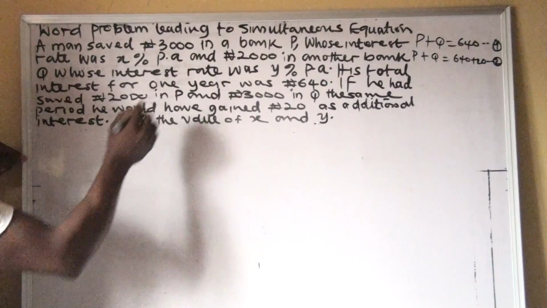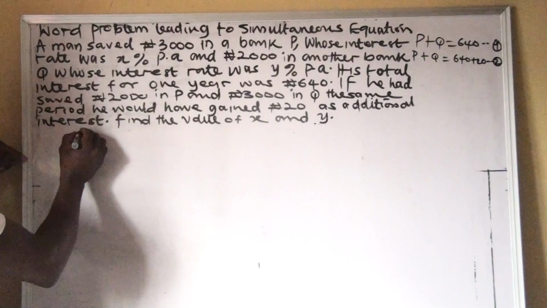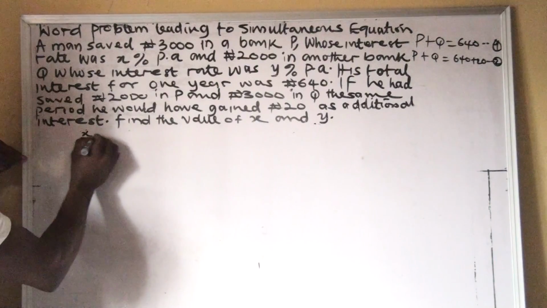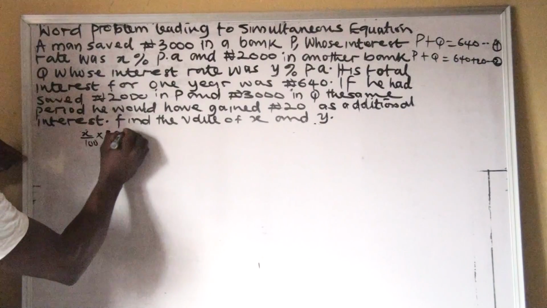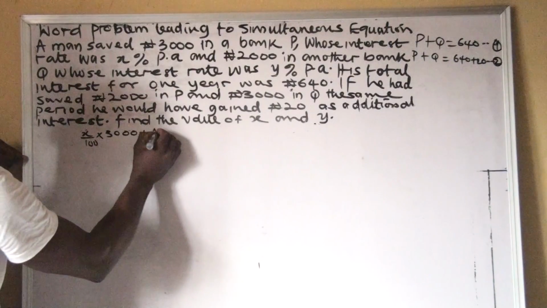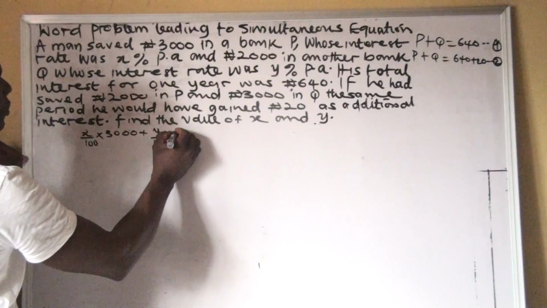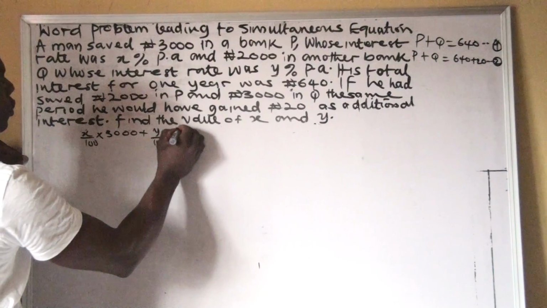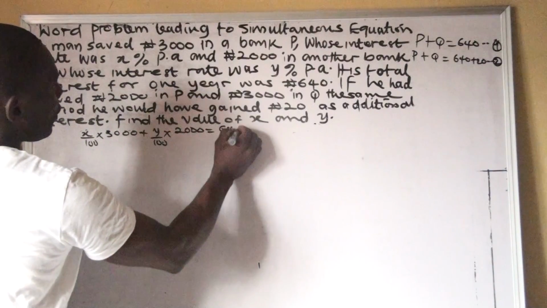Okay, here we can quickly fix our question. The principal here is 3,000 naira at X%. X% means X over 100 times 3,000, plus Y%, which is Y over 100, times 2,000, and the interest is 640.